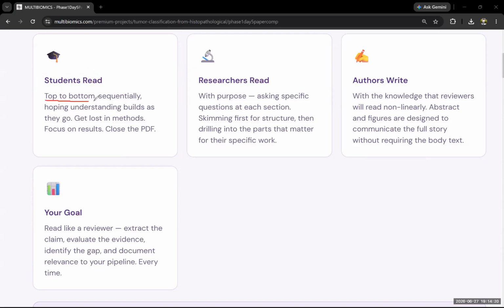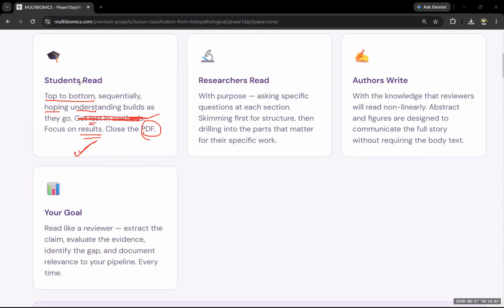So you start reading from top to bottom. You hope that you'll understand, and build as you go. But then you get lost by the time you reach the method section. Then you do not read the methods properly, you just go to the results. The end result is this, and then you conclude the paper, then you close the PDF. So that's not a correct method.